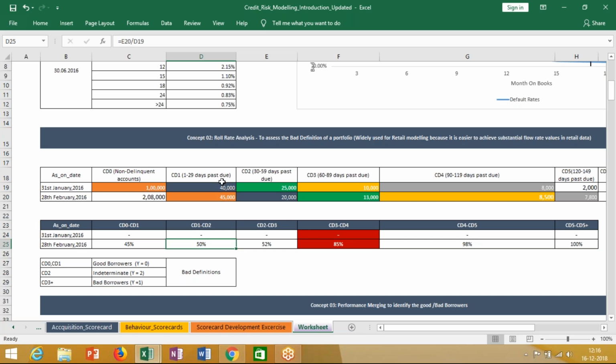Now you can see that from 40,000, 20,000 flew to the next bucket. That means 20,000 balance remained at 1 to 29 days past due.